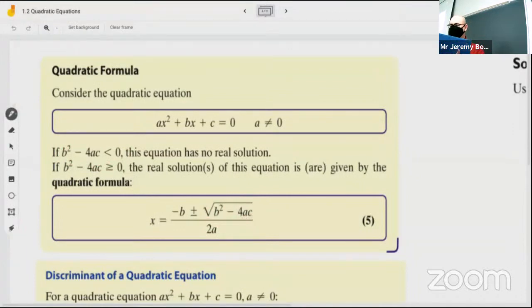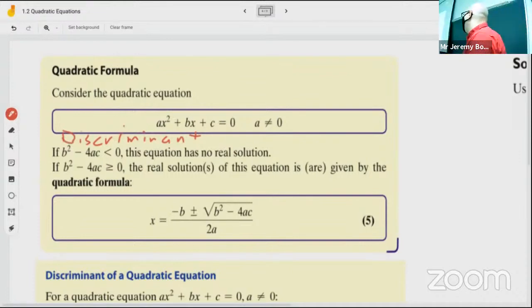And what this tells us is if there's a solution or not, and if there is a solution, how many are there? Okay, so this is called the discriminant.